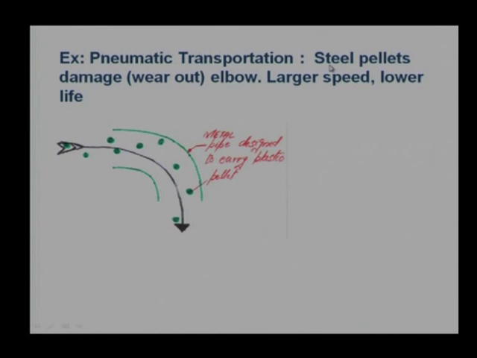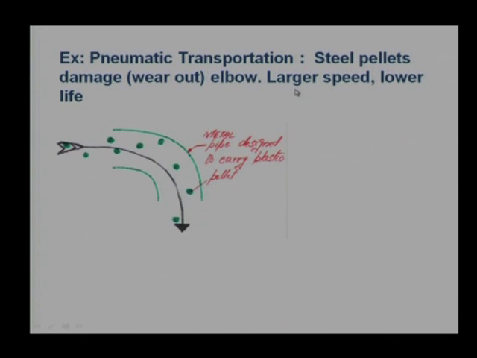Initially maybe some other material was used, now we are trying to use steel pellets in the same system. Steel pellets have relatively more mass, so if you push them, they will gain more kinetic energy and cause more wear of the pipe.